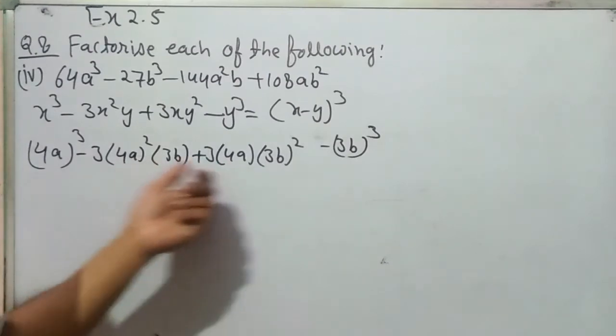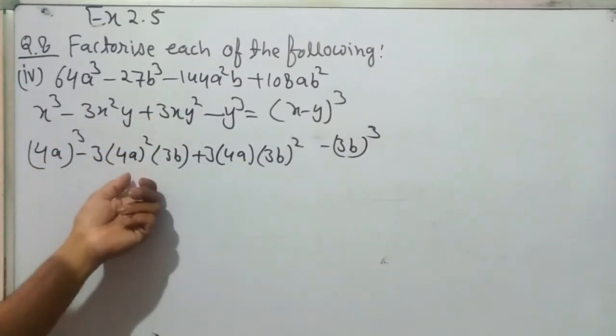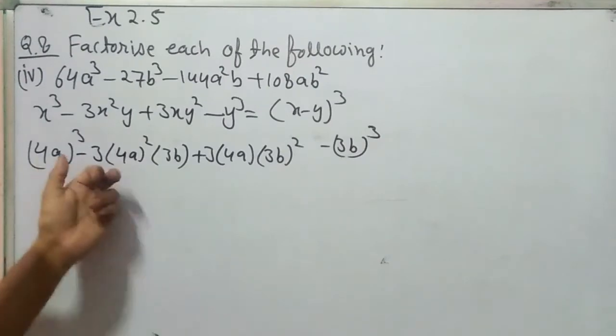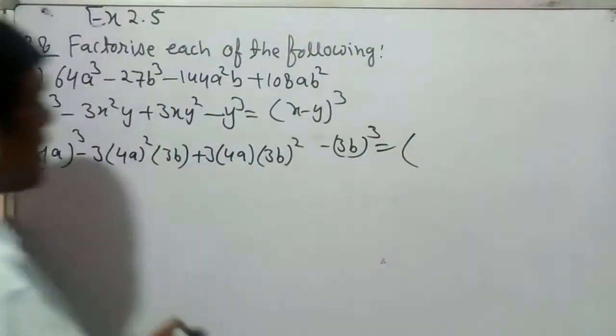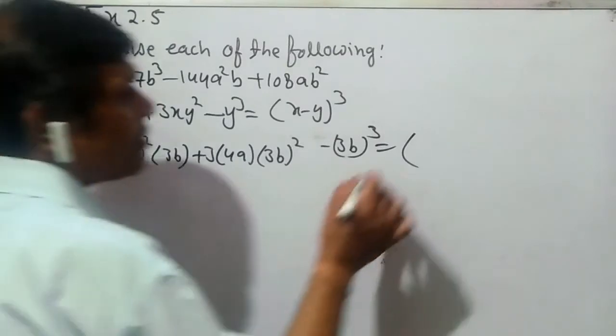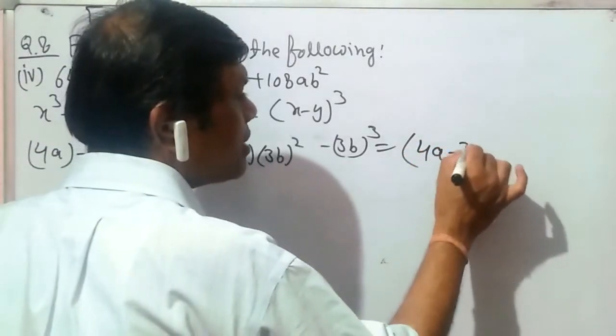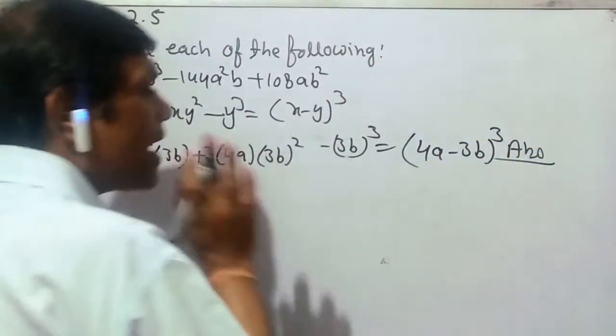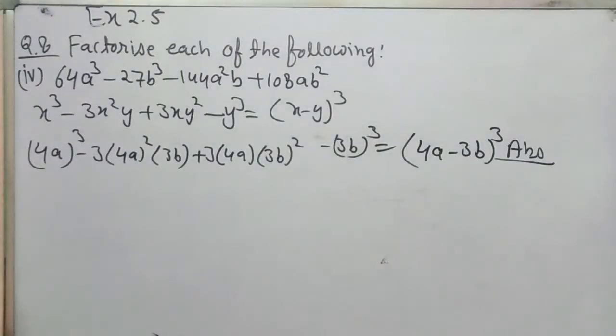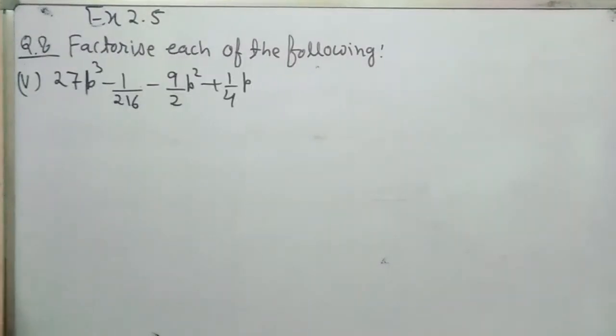Now these two terms are matching with 3x square y and 3xy square. That means we can write it as x minus y whole cube. What is x? 4a minus y, that is 3b whole cube. That in a very simple manner gives you the answer for this factorization.